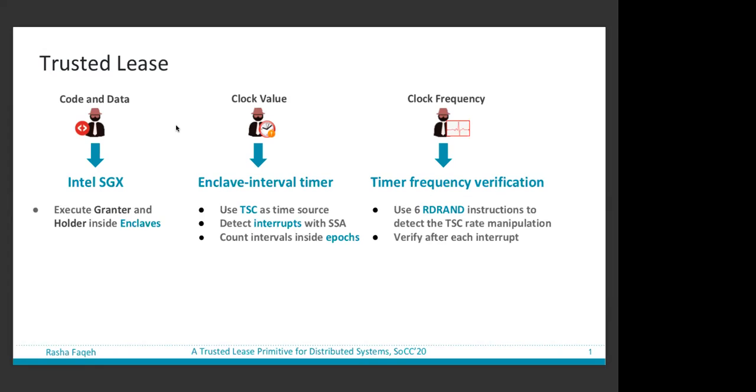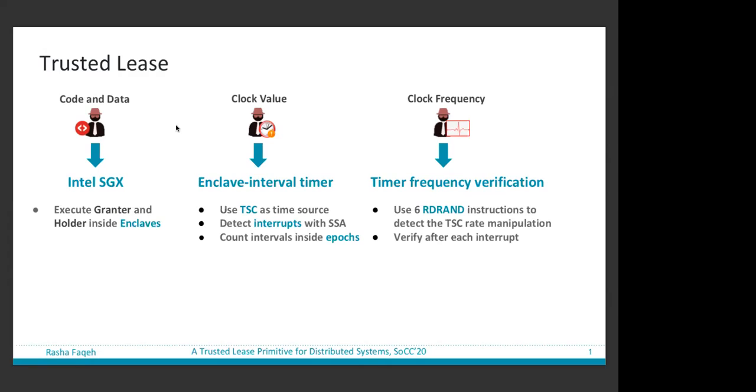But unfortunately, the OS can still change the value and the frequency, but luckily can do this only during interrupts. So we need to detect interrupts, which we do by checking the SSA structure value. We set it to a predefined value, which will be overwritten if an interrupt happens.